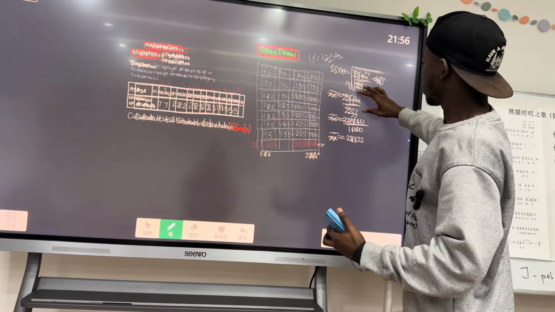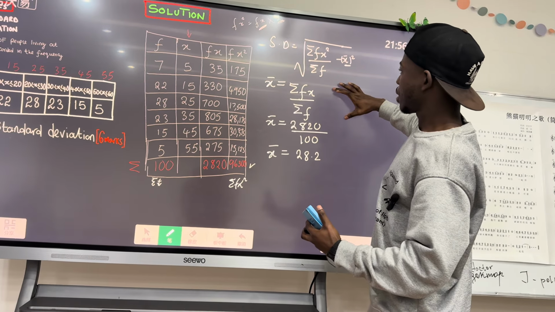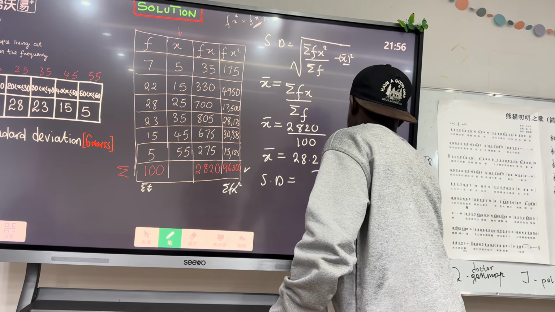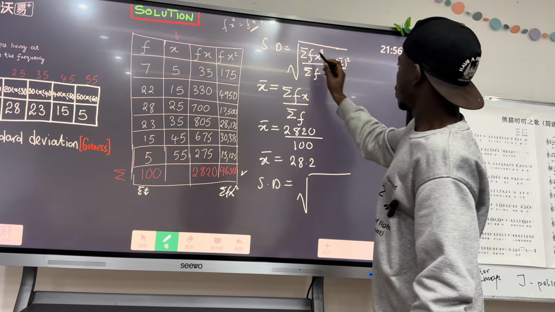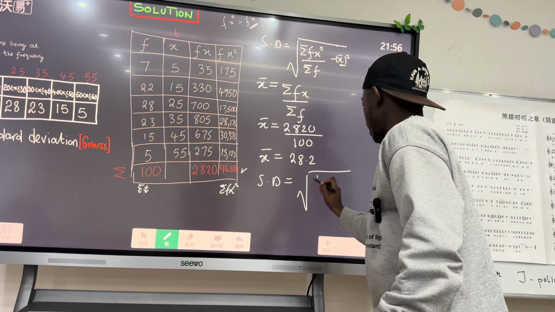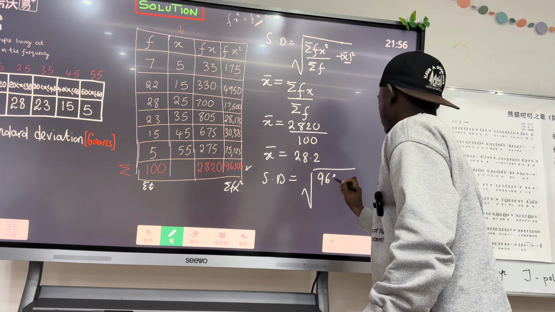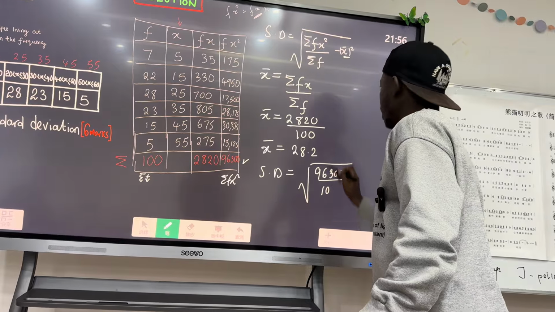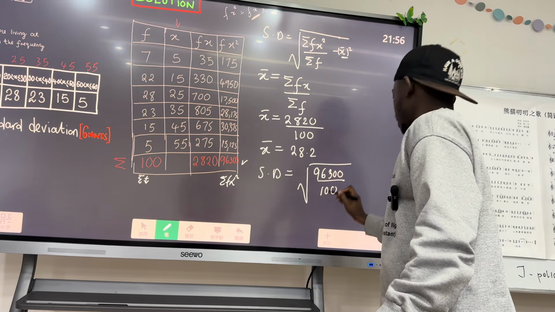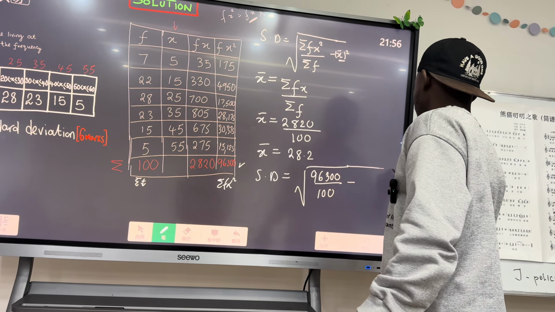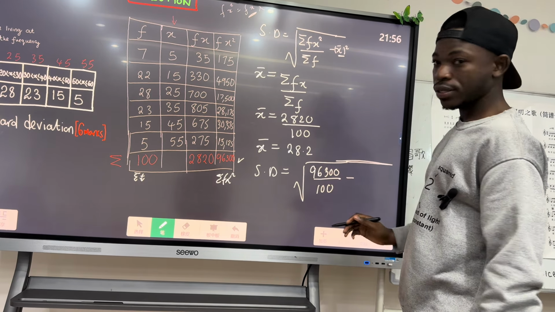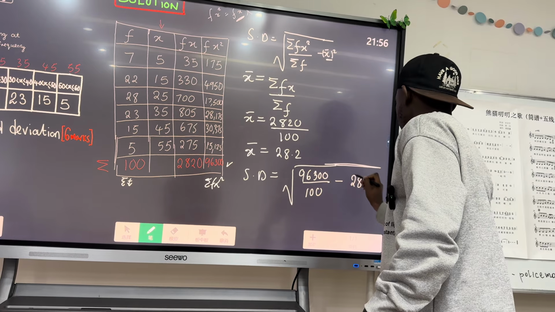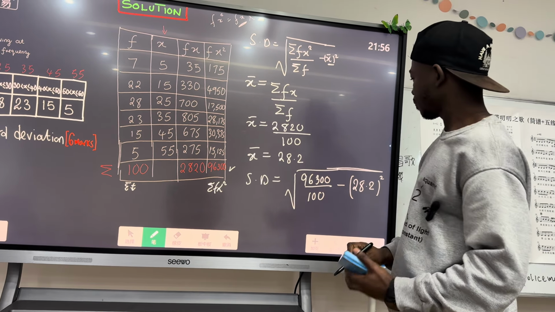We can now conclude and say our standard deviation SD is equal to, fx squared we know is 96,300 divided by summation of f, which is 100, then minus, everything should be under the square root, the mean 28.2 squared.